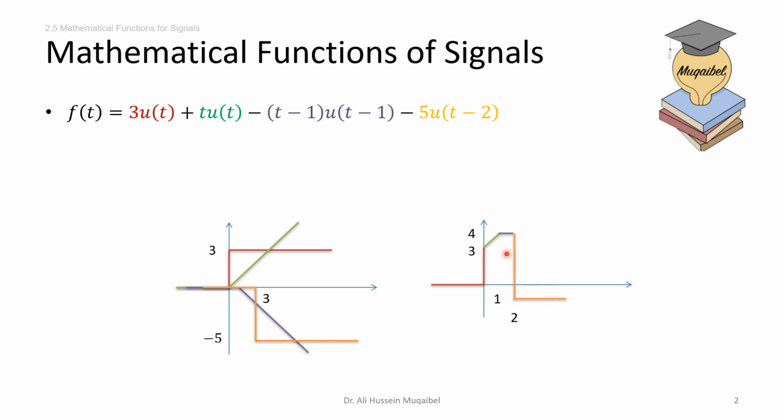So once again, if you want to sketch a mathematical function of signals, you need to divide it into parts, maybe draw the individual components, and then think about regions in the time axis. Remember that if the slopes are positive and negative, they cancel each other. If the values are not the same, then we need to find how much remains. A constant means shifting the diagram or the signal up or down. And that's the final sketch.